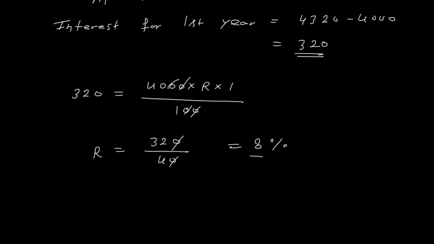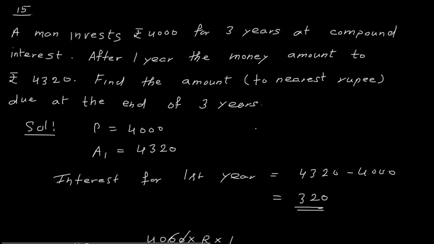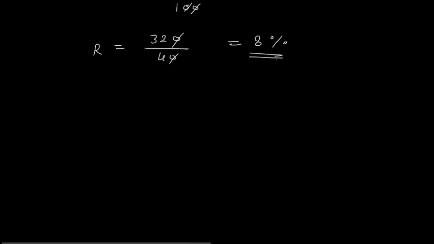So your rate of interest is 8%. Now you got the rate of interest. Once you have the rate of interest, you can find out the amount due at the end of 3 years. So first we already know A1, the value of A1 is 4320.